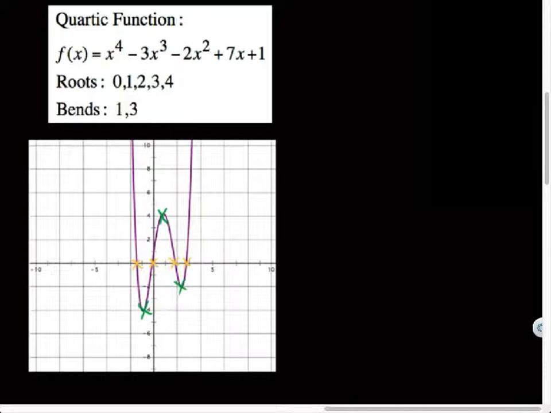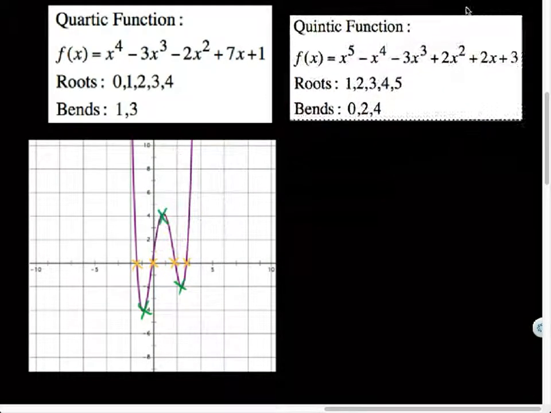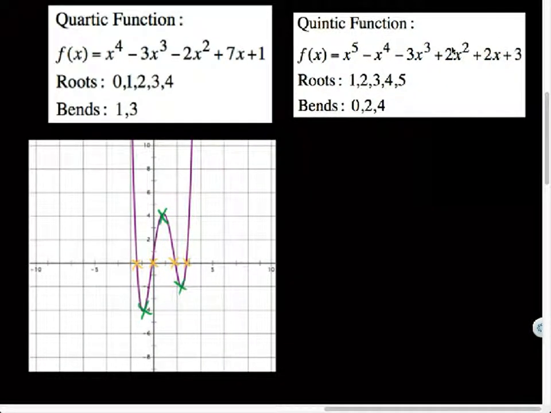But let's solidify that concept with one last example of this type. Let's look at quintics. Quintic function.